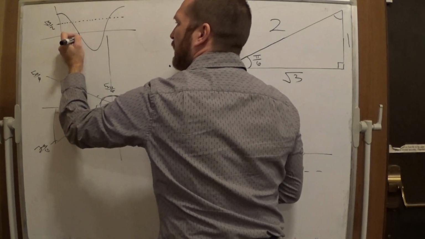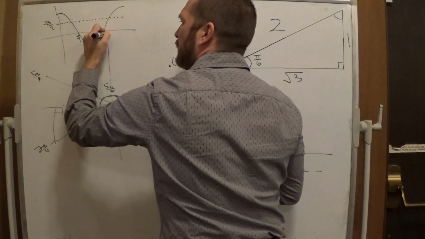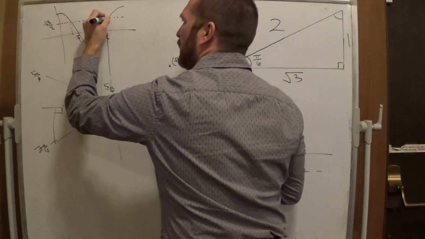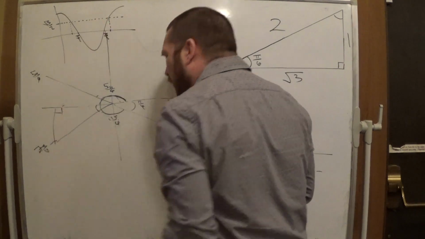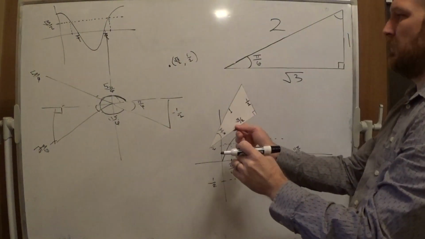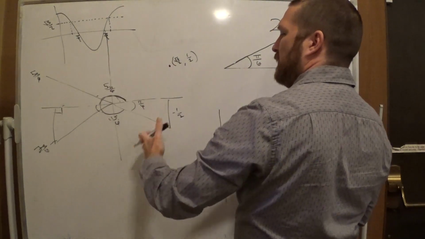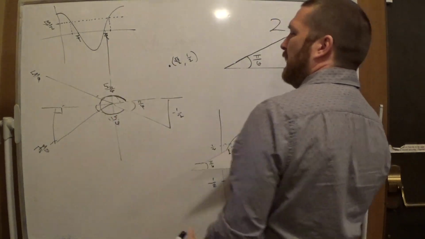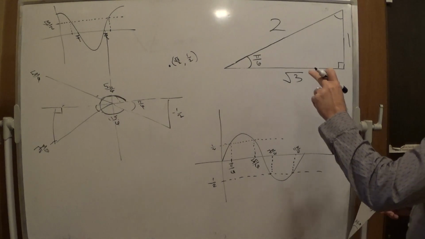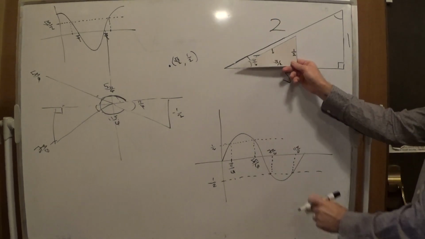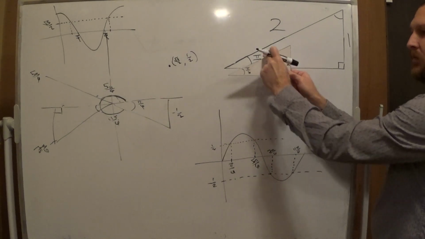Since this is pi over 2 and this is 3 pi over 2, I know I must be looking in the first quadrant and the third quadrant. Or if we're just thinking in terms of x values, if cosine's positive, you must be over here somewhere. And I know that cosine of pi over 6 is root 3 over 2, or if I shrank it, root 3 over 2 over 1.